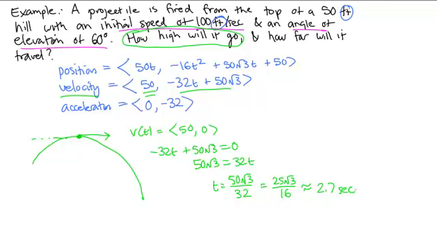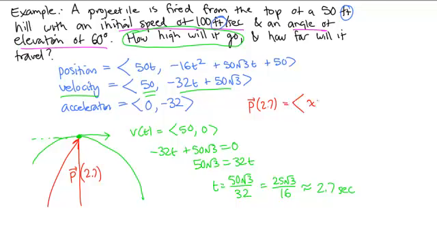Now what is that highest point? Well, that's what the position vector would tell us. If we take the position vector at 25 root 3 over 16, or 2.7 seconds, then we'll figure out how high it is by taking the y component. So now let's go and do that. I'll take the position vector, and I'll plug in 2.7. I'm not getting the exact value this time. I'm just shooting for a numeric approximation.